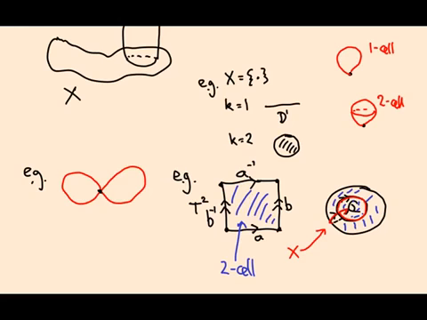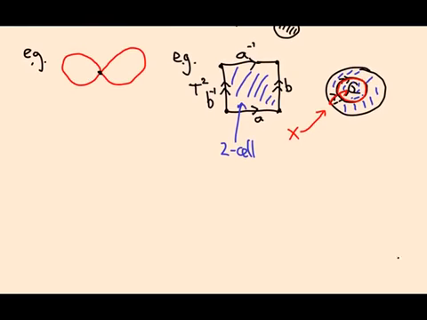Let me give you the rigorous definition of what it means to attach a cell and what a CW complex is. So attaching a cell, let's say a k-cell. I take a space X to which I want to attach this cell.